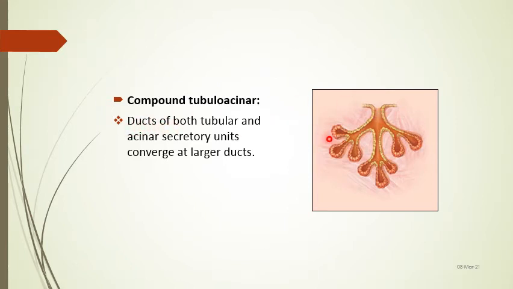The ducts of both tubular and acinar secretory units converge at larger ducts. Compound tubular acinar, example: salivary glands.